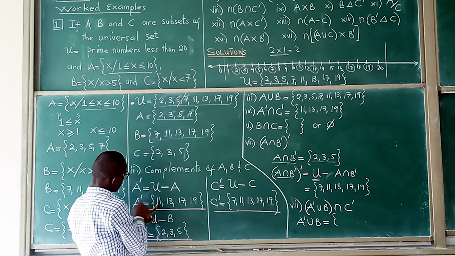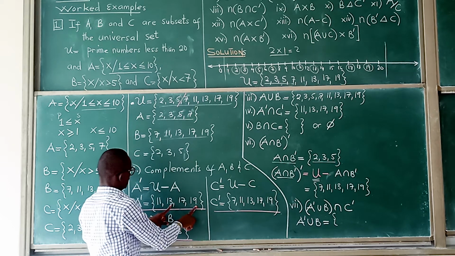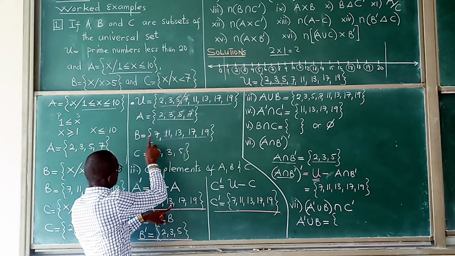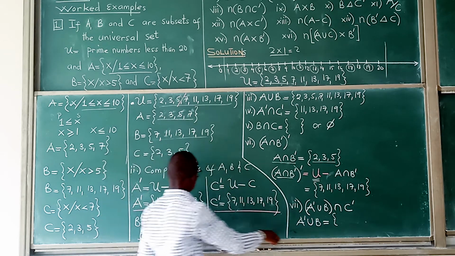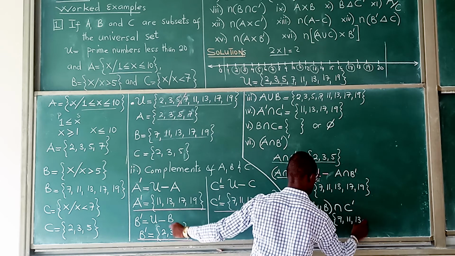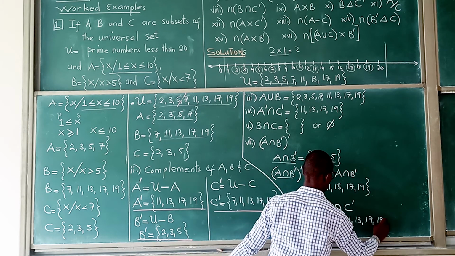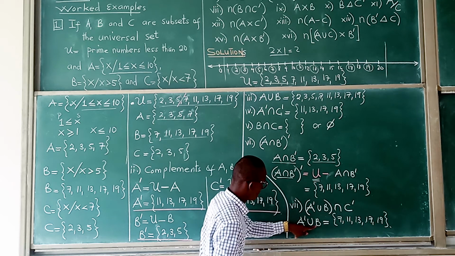So in set A prime, we have 11, 13, 17, and 19, right? And then in set B, we have 7, 11, 13, 17, and 19. So we just start from 7 and we reach 11, 13, 17, and 19. So there is A prime union B.